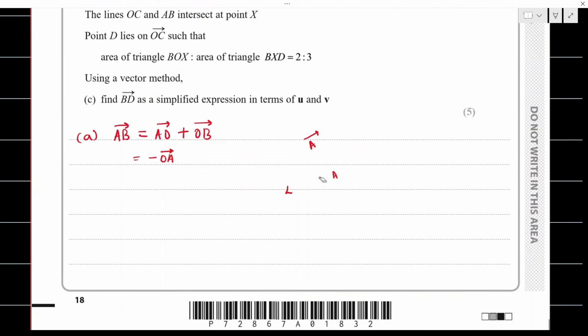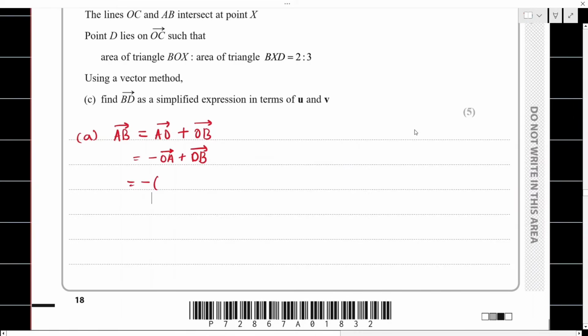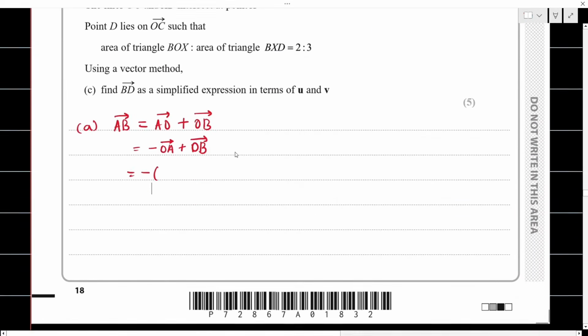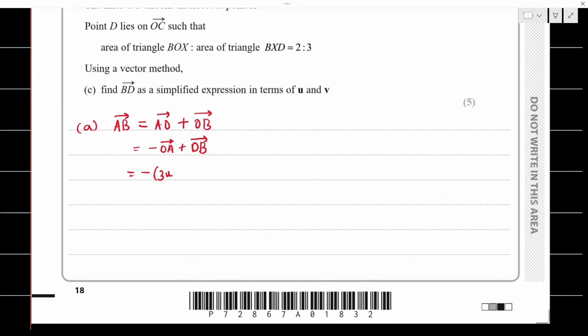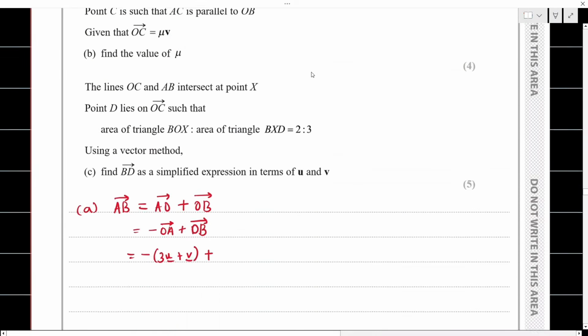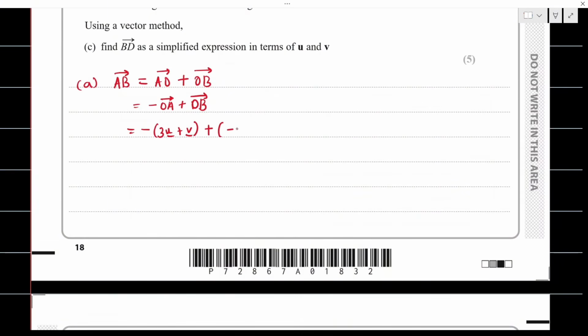Writing this makes our calculation easier. We know that OA vector is equal to 3u plus v. So I can write minus (3u plus v) plus OB vector, which is equal to minus u plus 2v. So I can write plus (minus u plus 2v).